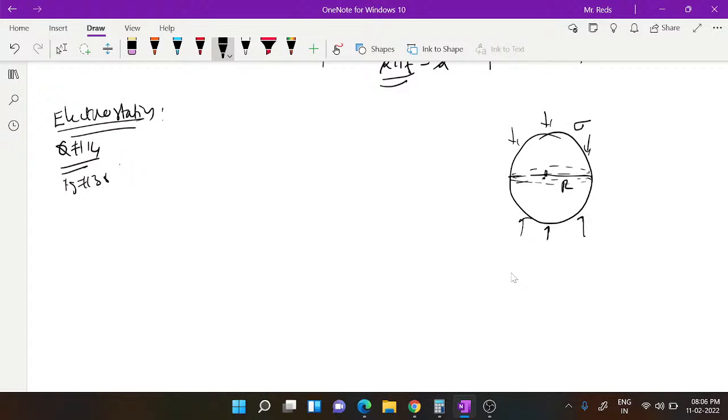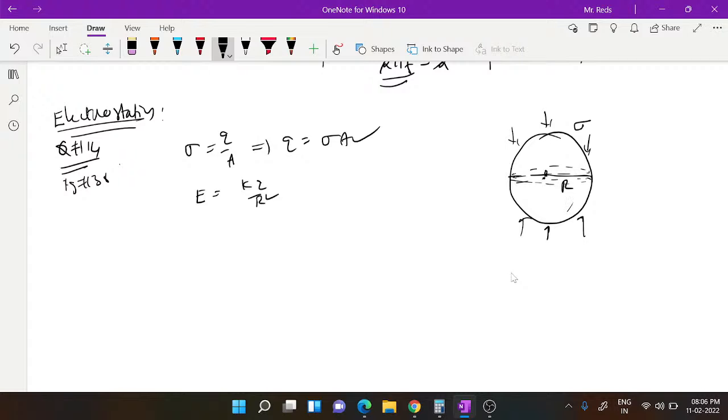Then what is the force proportional to? You have to understand here, if the shell has surface charge density, it means there is a charge. Surface charge density is charge per area, so the corresponding charge is sigma into A. Because of this there will be a field E equal to KQ by R square, and outside a field is there.